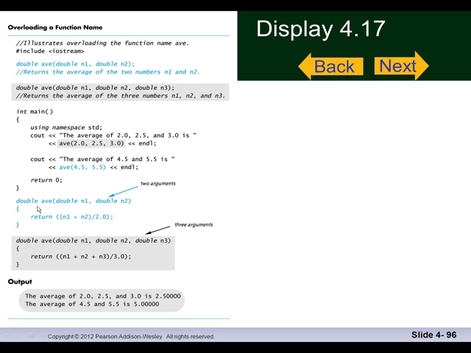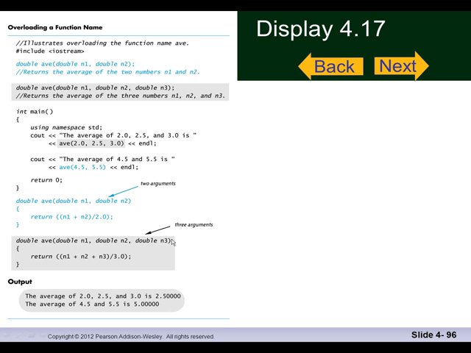So it's going to be the same name, the same number of parameters, but different data types. So either they're going to have different data types, or they have different numbers. So the computer knows which one is doing the calling. This one is calling with the double, so it's going to pick up the double. This one has only 2, so it's going to use this 3.